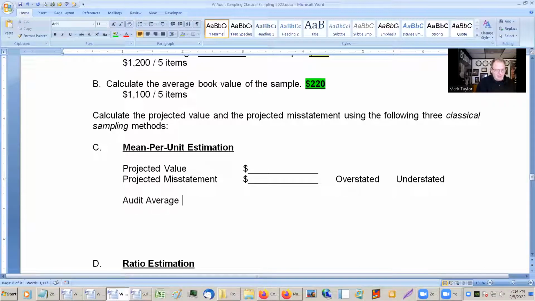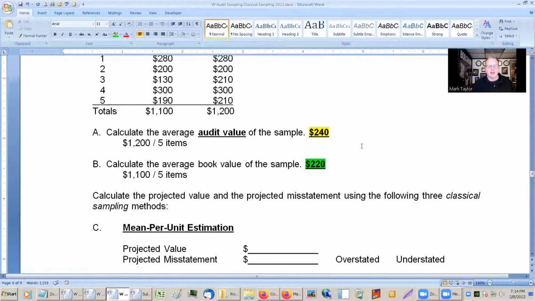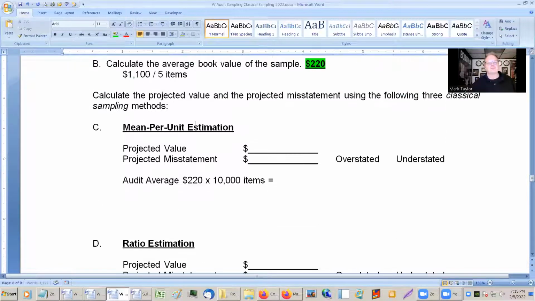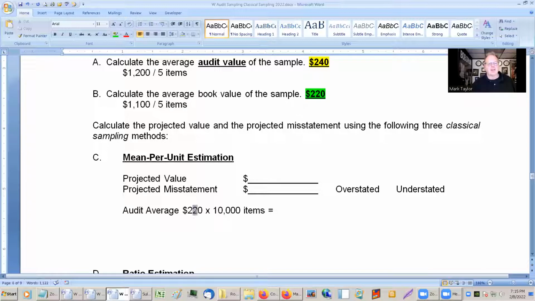So the audit average, $220 times, I forgot, 10,000 items. Isn't it 240? Yes, you're right. That would have made a difference. Thank you.